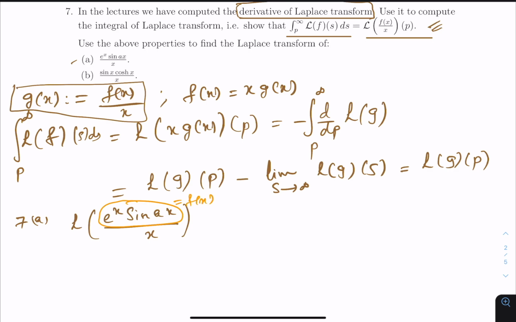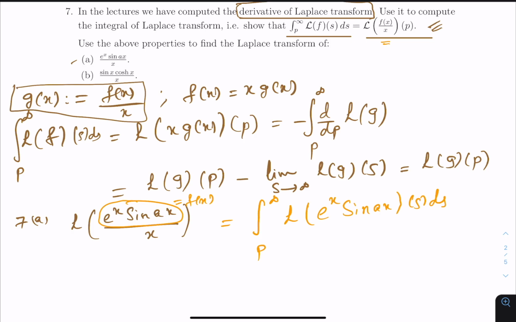So we know the Laplace transform of f of x is equal to the integral from p to infinity of the Laplace transform of e to the x sine ax, evaluated at s, ds. This is by the formula that we have just derived.